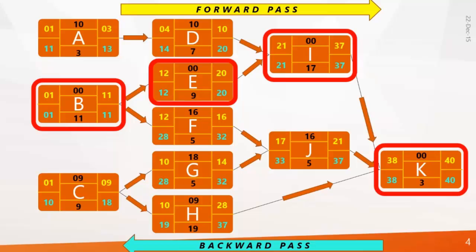So is that clear? Out of 11 activities, there are 4 very important, very critical activities that cannot be delayed. If you delay critical activities, your project duration will extend. It will go beyond 40. But you can delay the rest of the activities. So this is the concept of the critical path method.